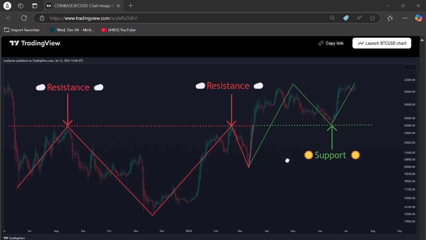I use the theory that if we can get as many touches as possible on that specific line, the better it is. So as you can see here, this is a great example of a support line. I'm going to zoom in a little bit so you guys can really see what is happening right here.